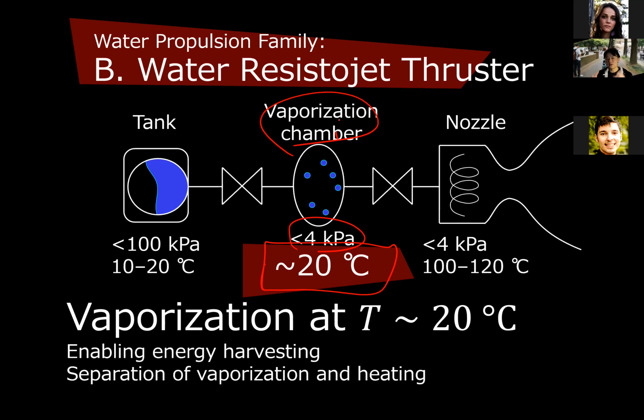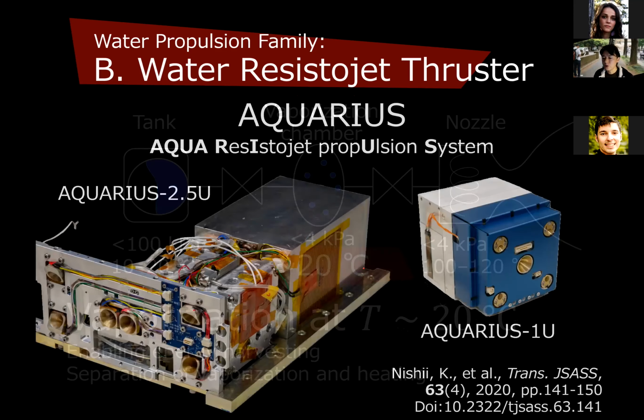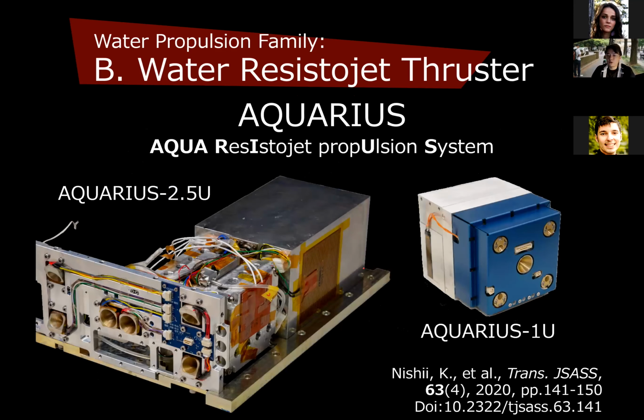In a satellite, there are a lot of components, communication and OBC, and most of the components dissipate power. By setting the temperature at this low value, we may use that waste heat from other components. And actually, we have developed two propulsion systems using this concept.